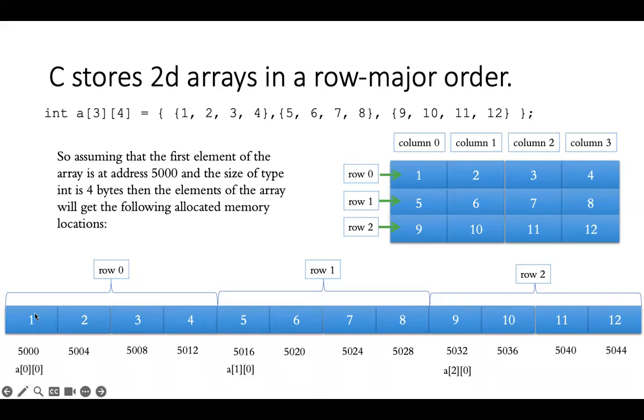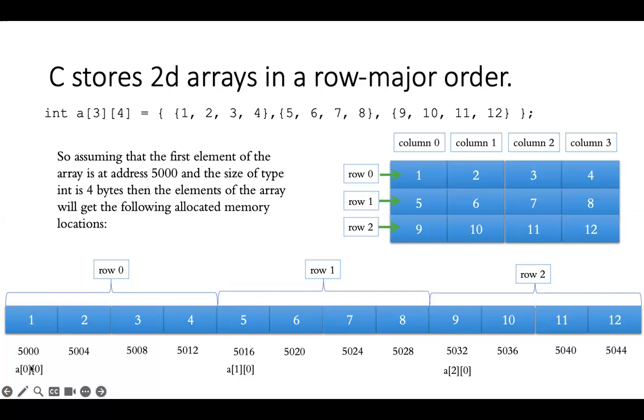So the element in row 0 is at 5000. Since the memory allocated for an integer is 4 bytes, the next address would be 5004, and the next address would be 5008, and so on.